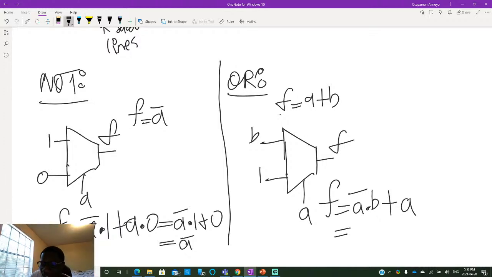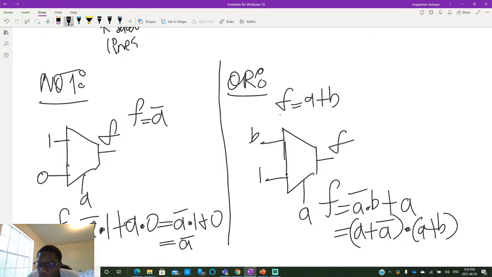Well, using the OR distributive property, you would see that this is A or A bar, and, okay, this is A or B. A or A bar is 1, right? So this is just a 1. And finally, we have A or B, which was what we wanted to prove.